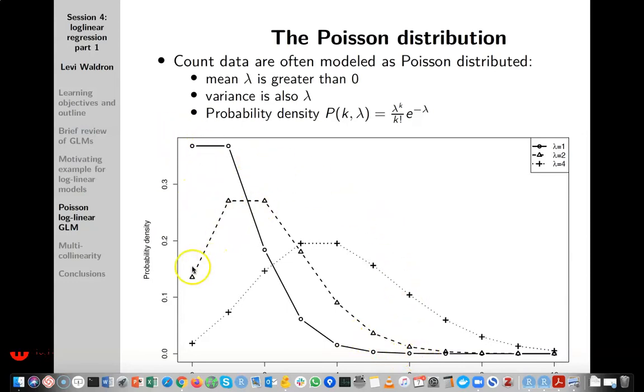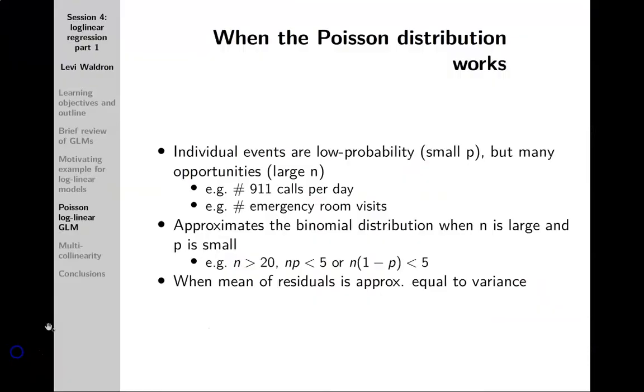With lambda equal to 2, the probability of a 0 count goes down, the peak is up around 1 or 2, and then it goes down. And then for lambda equals 4, you see the peak up here around 4, and it's starting to look a little more symmetric and a little bit more like a normal distribution.